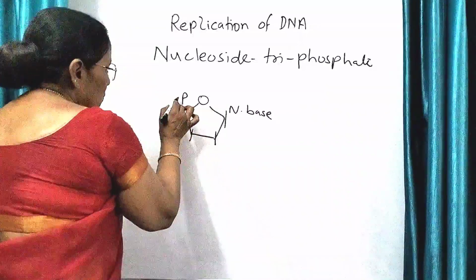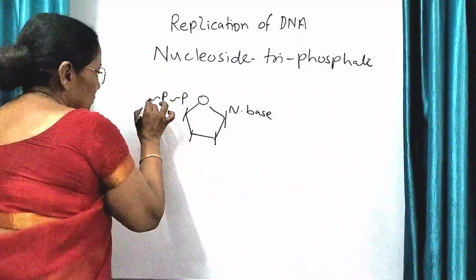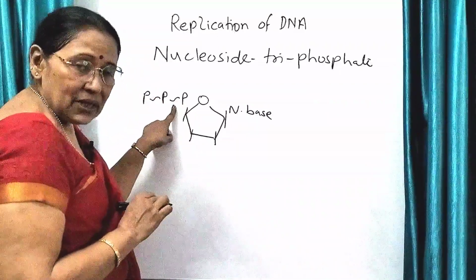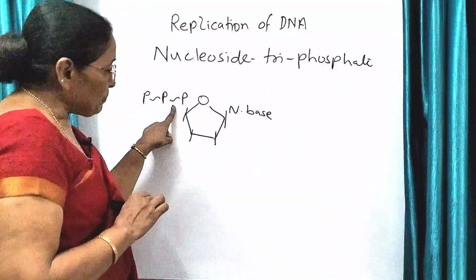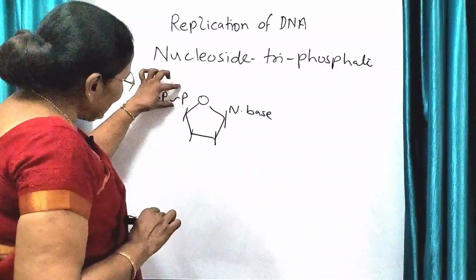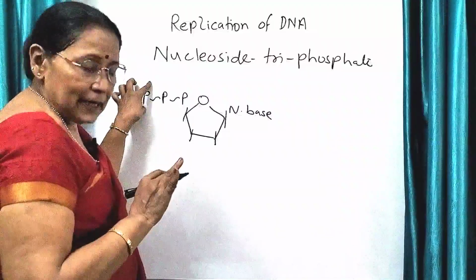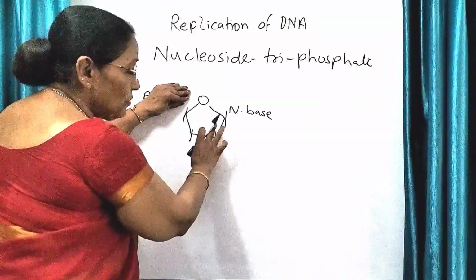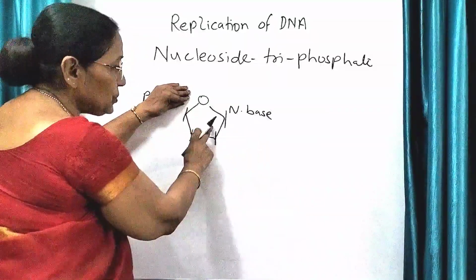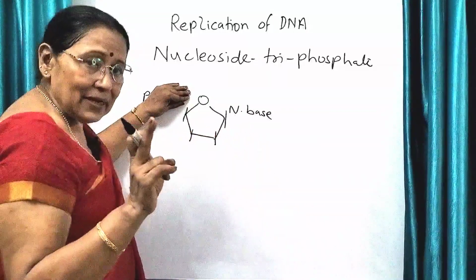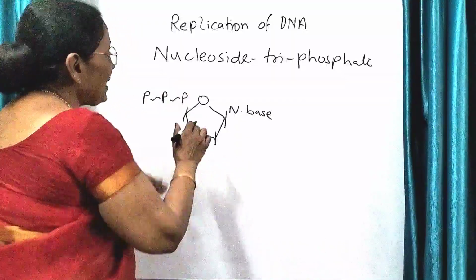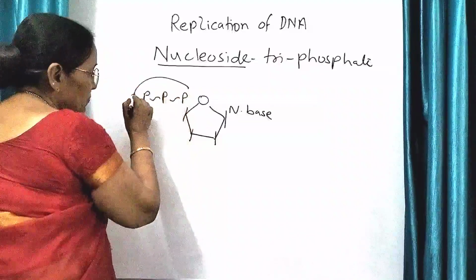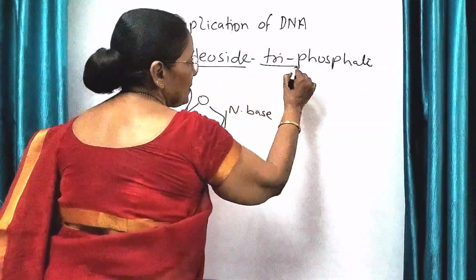Now, two more phosphate groups are attached to it, and these are two very energy rich bonds. Now, if we write these three phosphates together, the remaining molecule, one sugar and one nitrogen base, is the nucleoside. That's why it is nucleoside, and the three phosphates, so it is triphosphate.